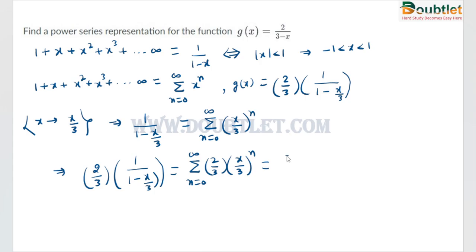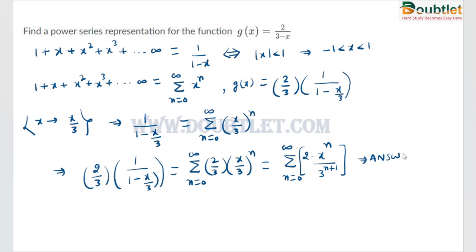After solving this, we get the power series representation of the g(x) function: the sum of 2 multiplied by x to the power n divided by 3 to the power (n plus 1). This is the power series representation of g(x).